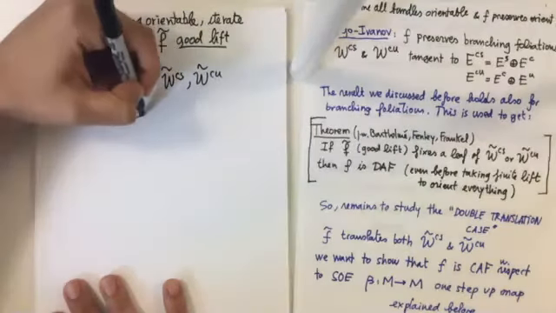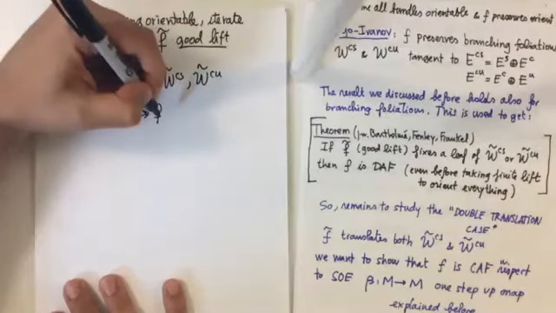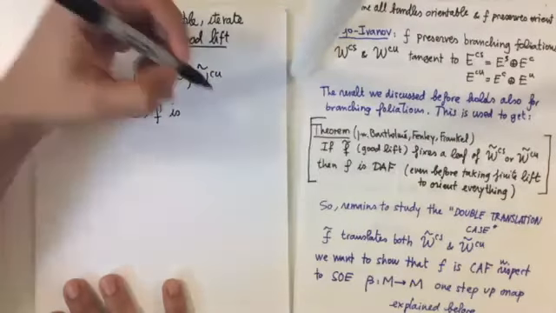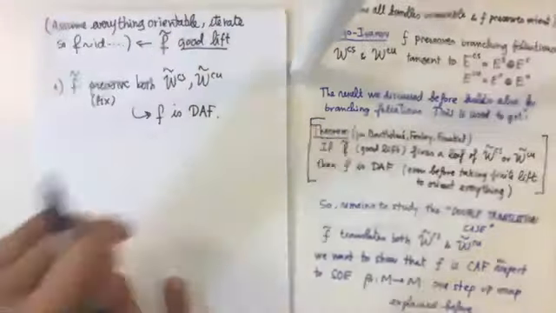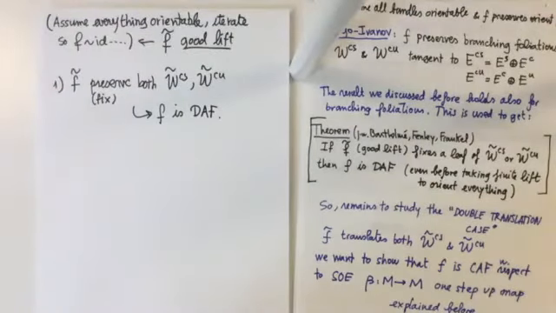And so in this case, we want to show that F is a discretized Anosov flow. And that's what we do in this work with Barthelemy, Fenley, and Frankel.